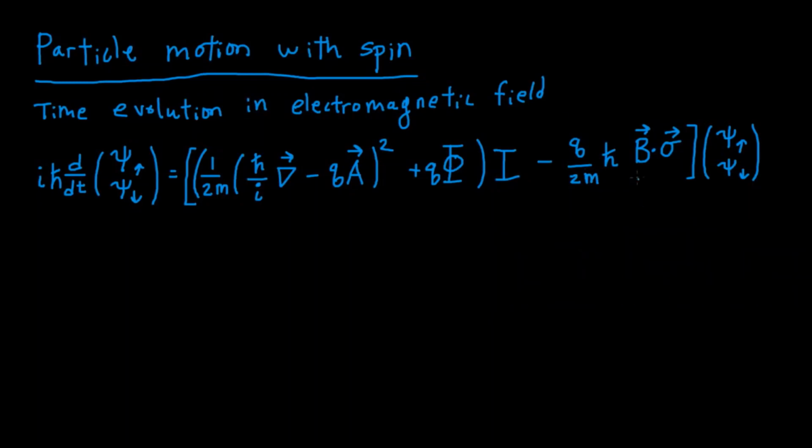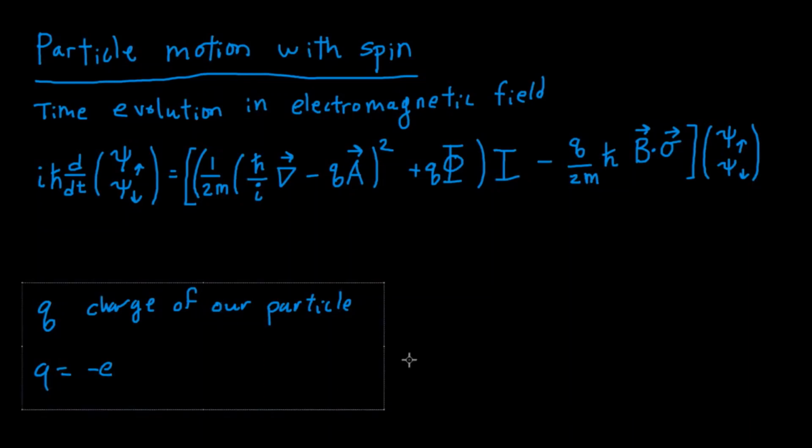So here we have a 2 by 2 matrix, and here we have q over 2m times h bar. Now q is the charge of our particle. So if we have, say, an electron, then q equals negative e, where e is the elementary charge.